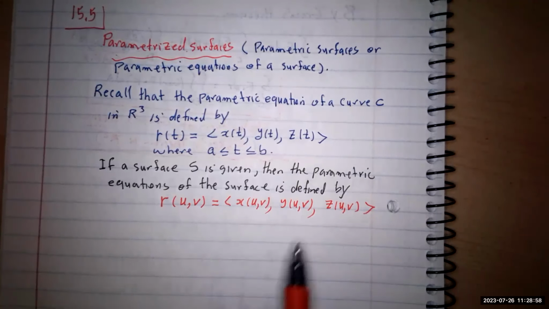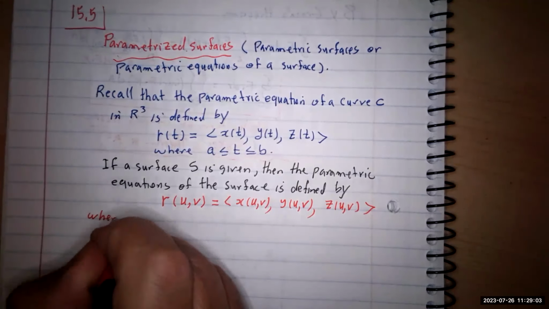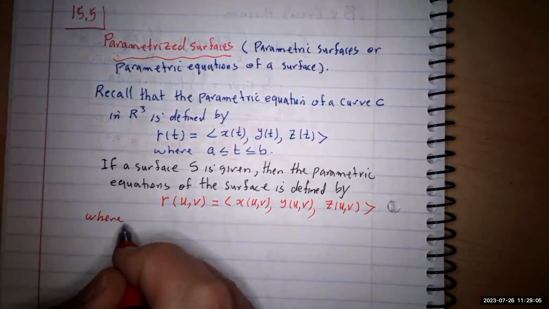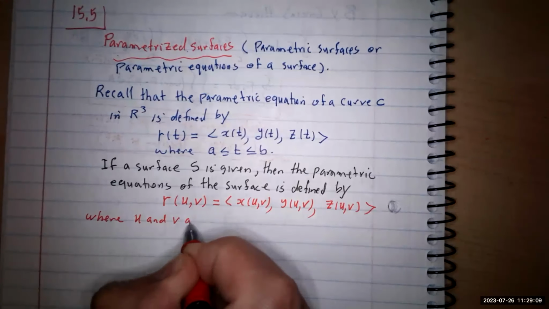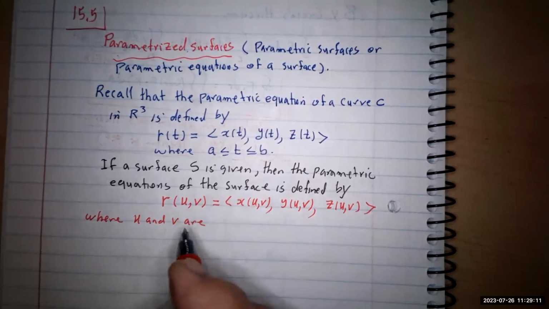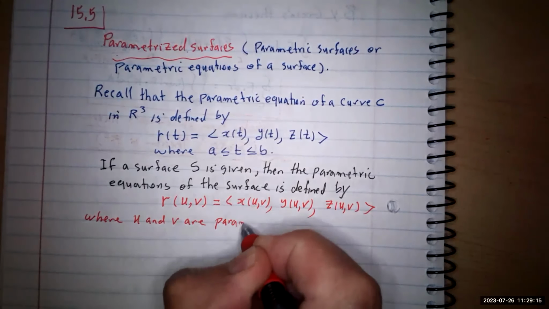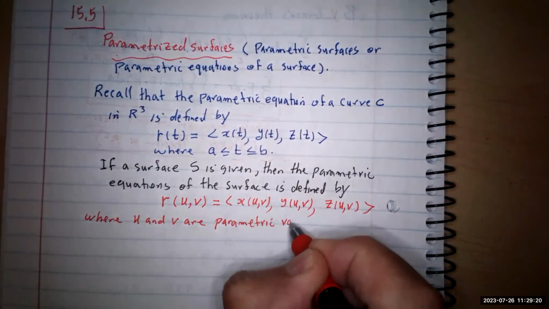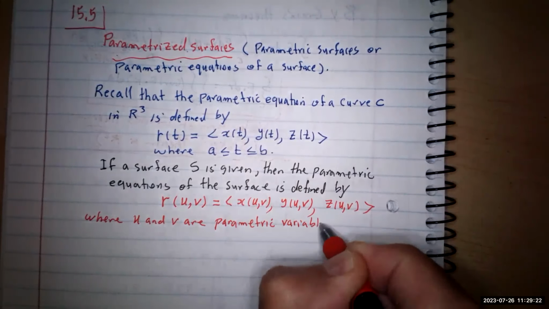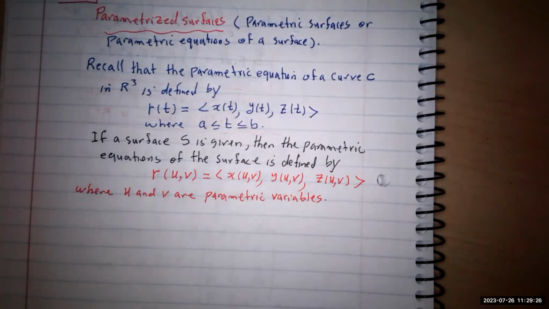These U and V are going to be your parameters this time, where U and V are parametric variables. Okay, this is the parametric equation of a surface that's given to me.